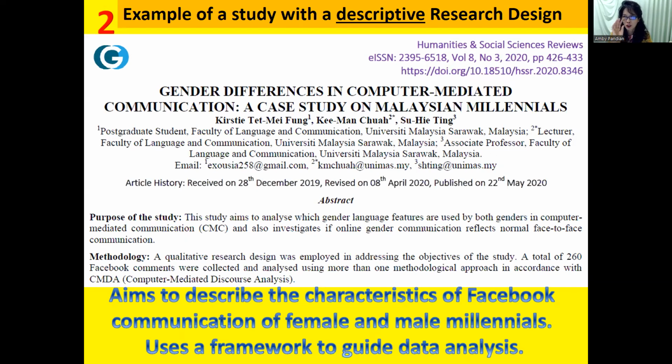She took certain comments, certain sentences from there, and then she used another framework that says that women always write like this, men always write like this. And then so let's say she takes sentence 1, which looks like a women kind of language.